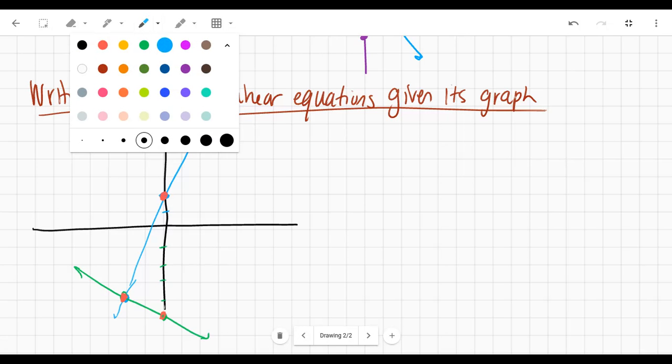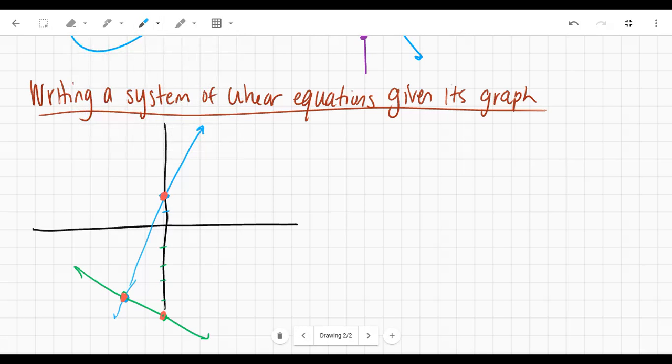Okay, so for the blue line, y equals our slope there, rise over run, right? So this is up 1, 2, 3, 4, 5, 6, and then over 2. Rise over run, so 6 over 2, which is going to be 3.